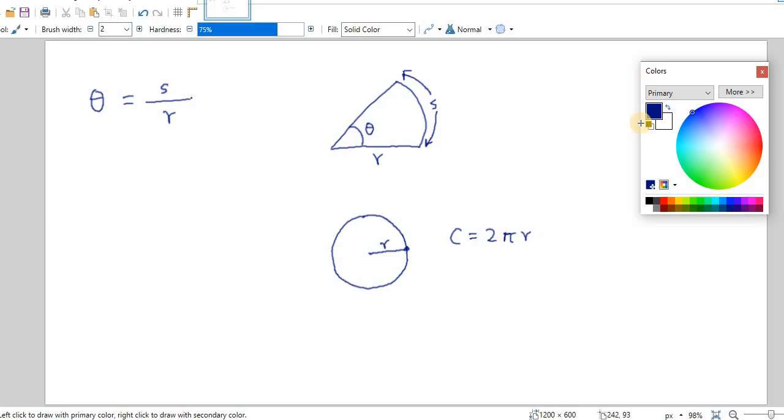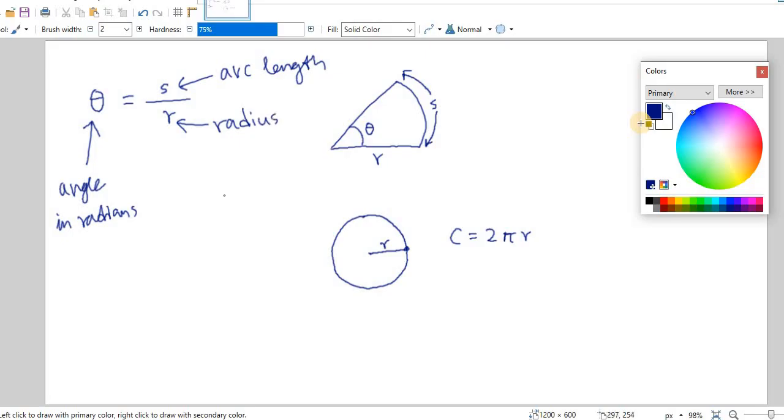So if we apply this equation for the angle in radians, that is equal to the arc length. You see the distance it travels along the arc length divided by the radius of the circle or circular path.